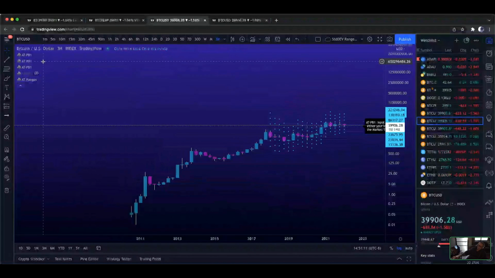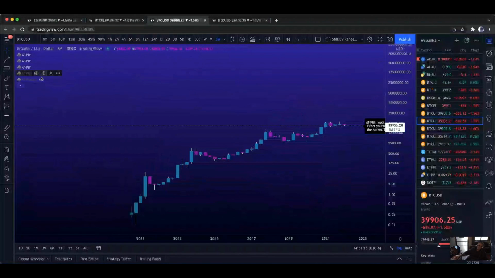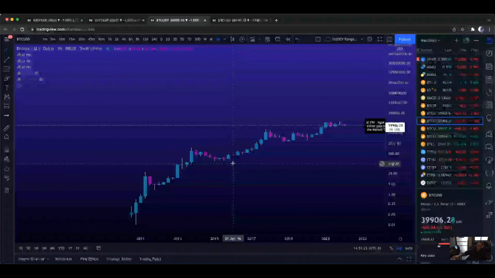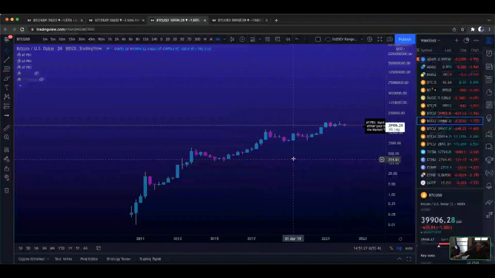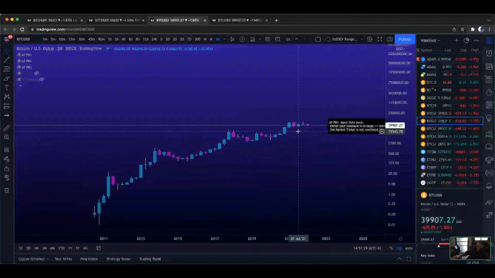Good looking price action. Let's take everything off the ranges. Wow. Let's take some profit. Just taking profit. When's Bitcoin going to explode?